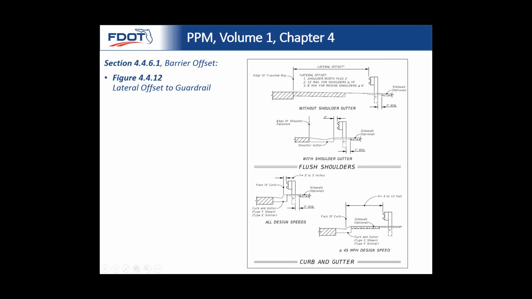So at this 4 to 12 range, that's the distance where a vehicle's trajectory or motion comes back to basically normal with a flush shoulder type configuration, and the guardrail will perform as it's intended. So that's the reason why that range is defined between 4 and 12 feet, because we want that vehicle's trajectory and motion to be as normal as possible.